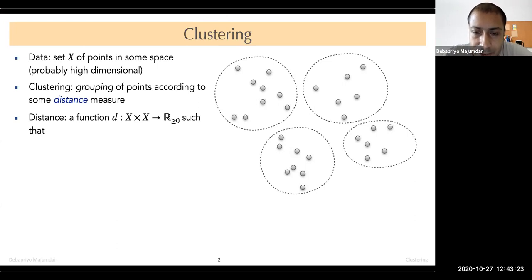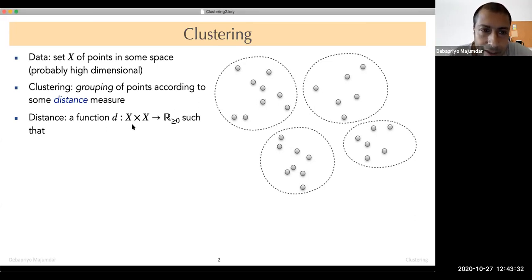Now, when we talk about clustering, the first thing that is essential to understand is a distance measure. A distance measure is a function from any pair of points in X to non-negative real numbers.